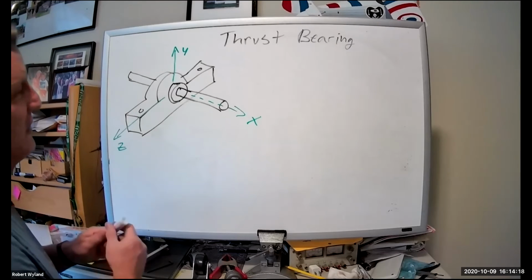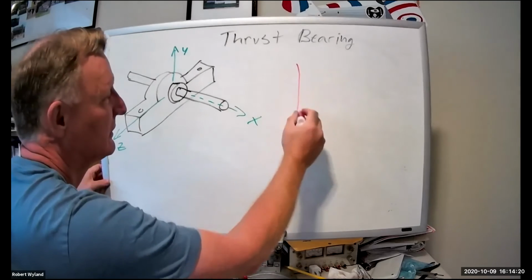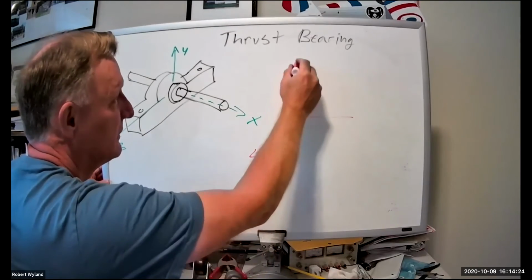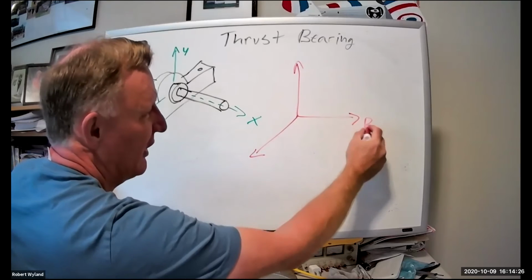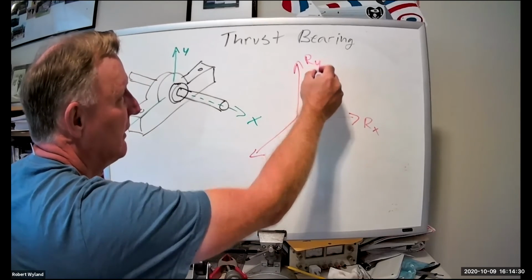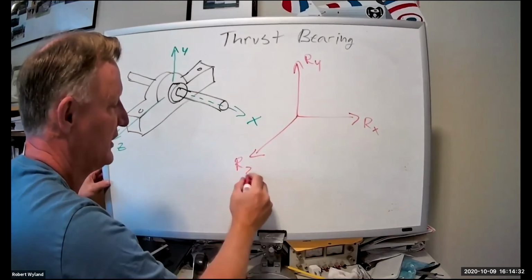So let's look at our reactions. We do have an Rx because of our thrust bearing now, Ry and Rz.